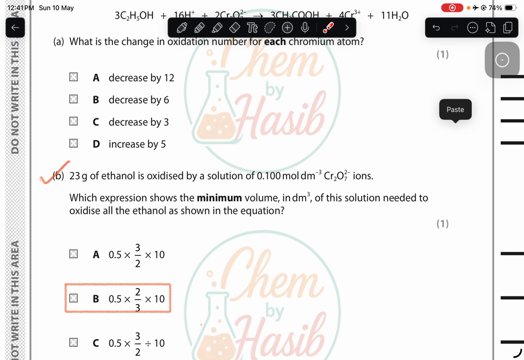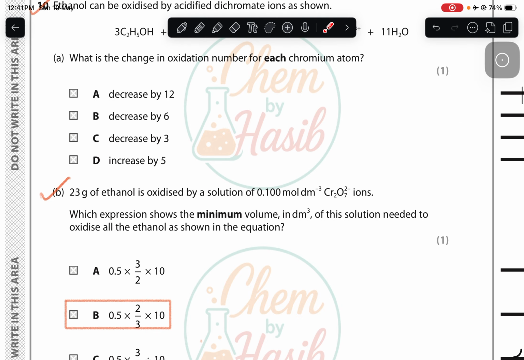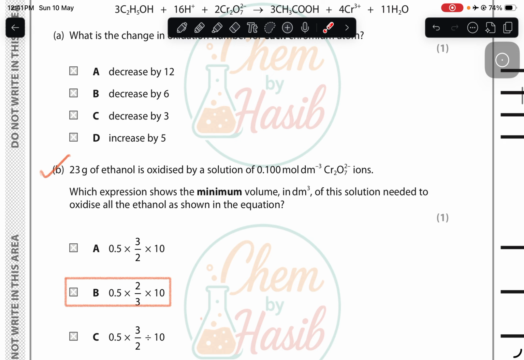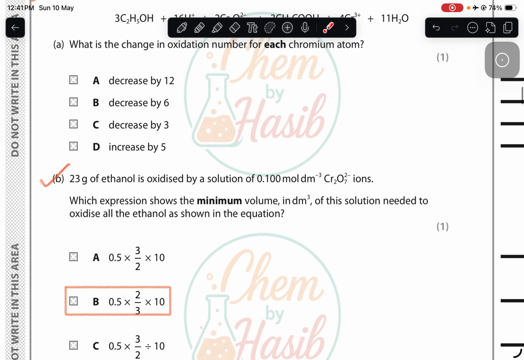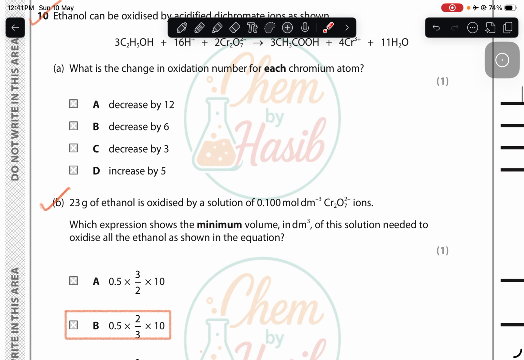Okay, so you have to find the volume of this solution required. Initially you need to find the moles of ethanol, which is mass divided by molar mass. Molar mass is 46, so the number of moles of ethanol comes out to be half, or 0.5.